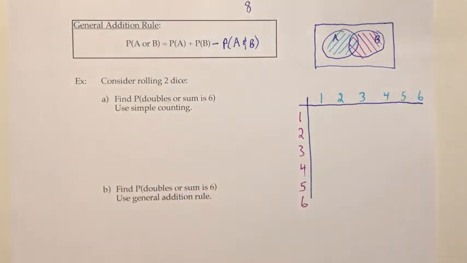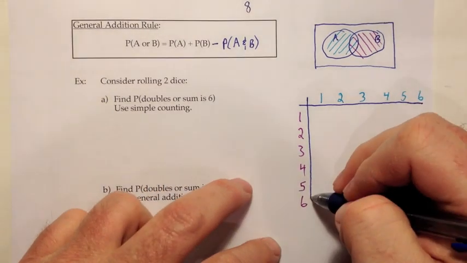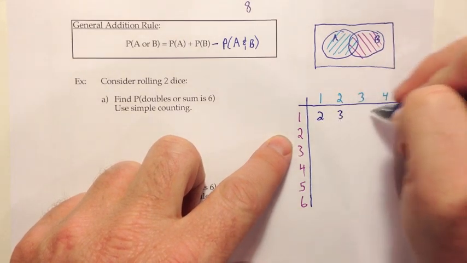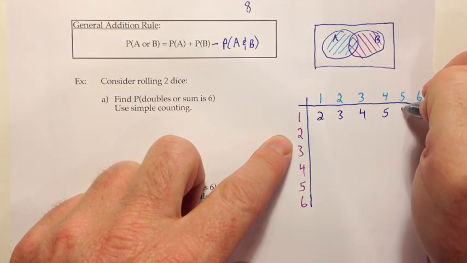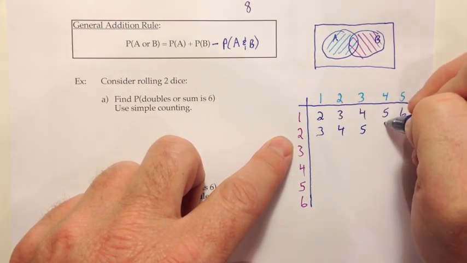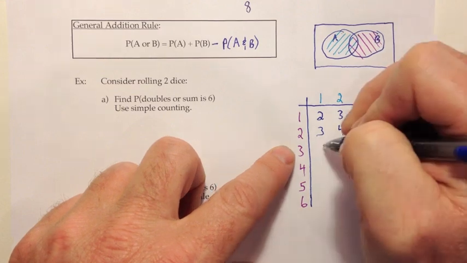And then we're going to look at all the different sums that you could get when you combine these together. So the 1 with the 1 is a 2, and so on. Let me fill this in quickly just using a pattern.